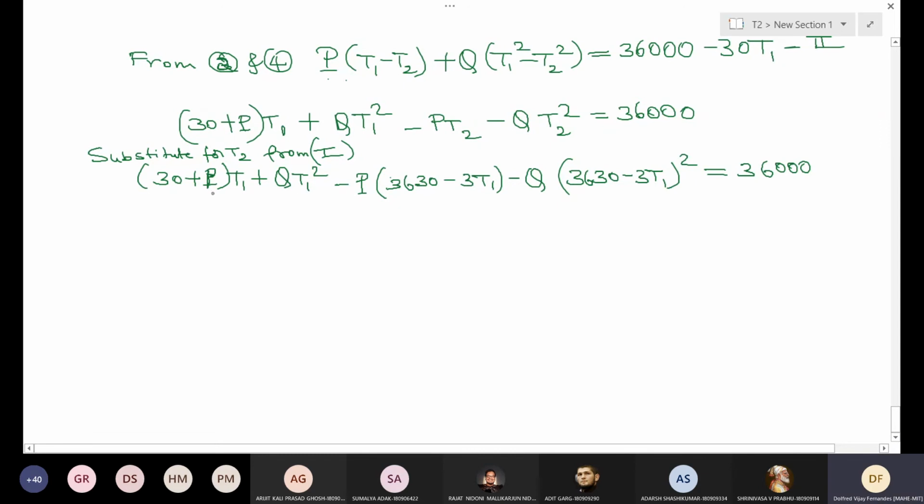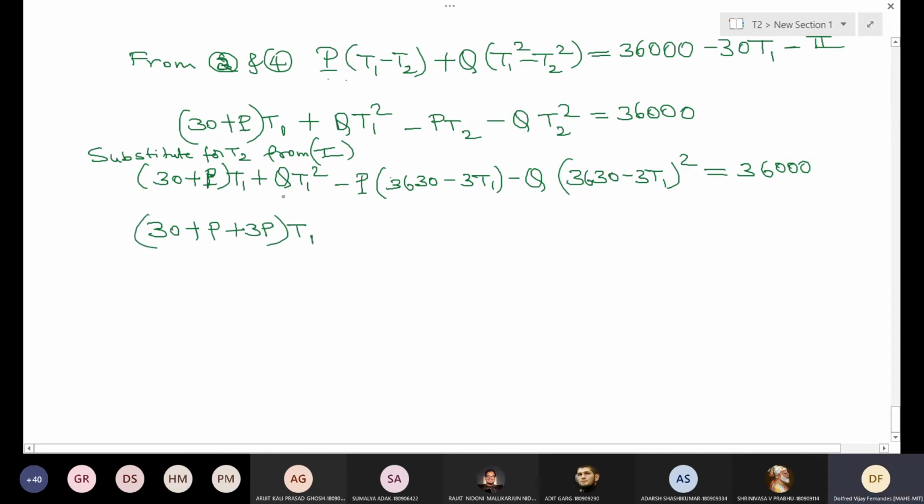So 30 plus P, and from here minus will become plus, so you will get 30 plus P plus 3P into T1.